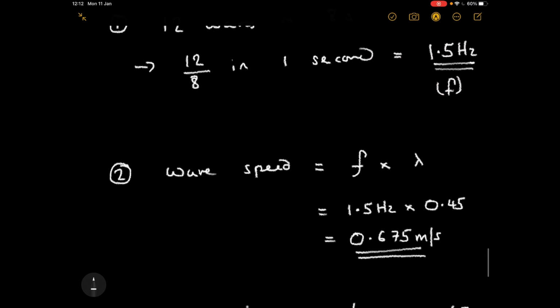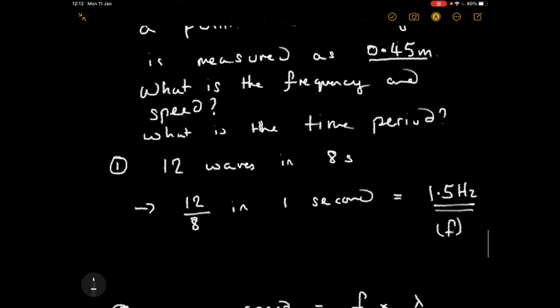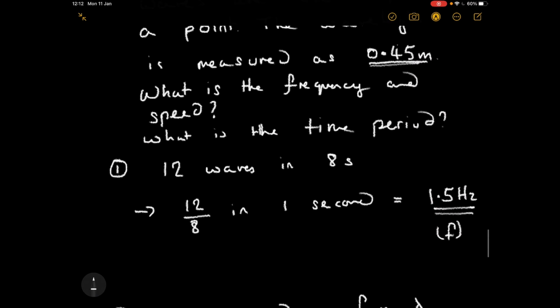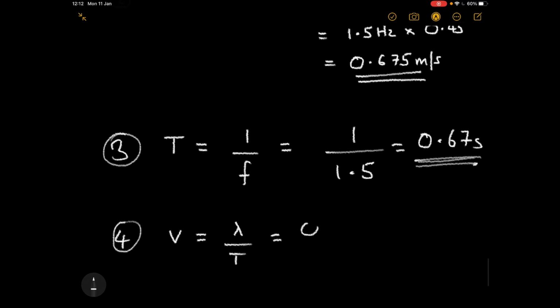And obviously, if we decided to do it by distance over time, we should get the same thing. Speed is distance over time, so in that case we would do distance of 0.45 over time, which is 0.67.